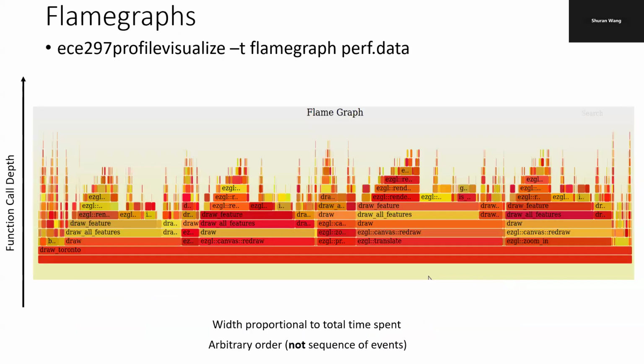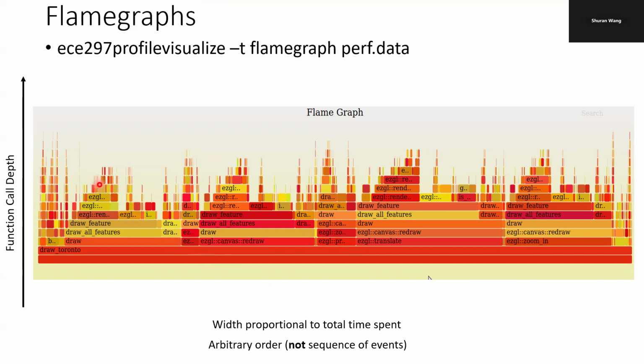We have another tool called flame graphs. I'll show you both in our demo. You can visualize the flame graphs using this -t flame graph perf.data. The perf.data is the same file. It's just visualizing in different ways.